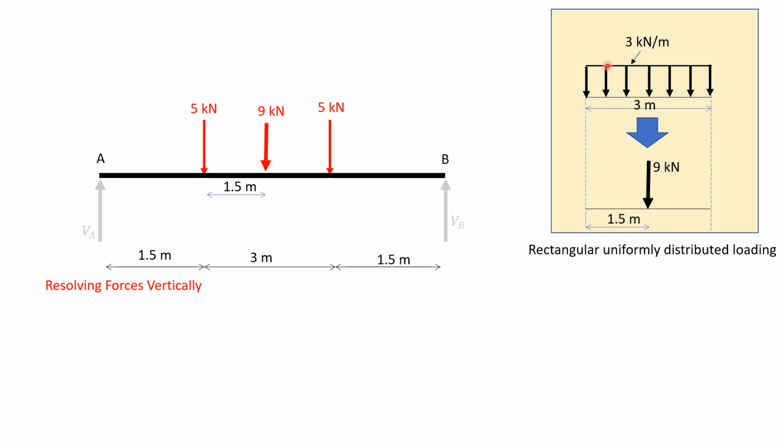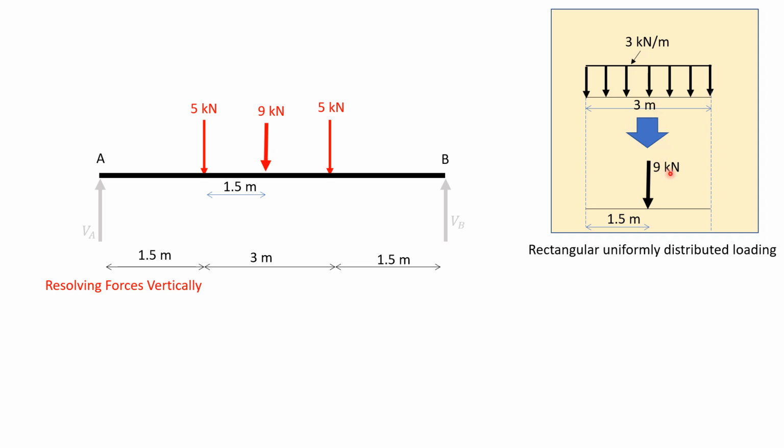This 3 kN per meter is over a span of 3 meters, so it is converted to a single point load of 9 kilonewton, like 3 into 3, 9, and it will act at the center of the rectangle.